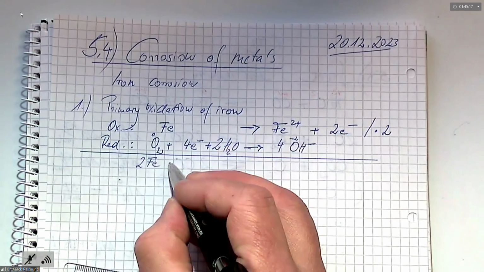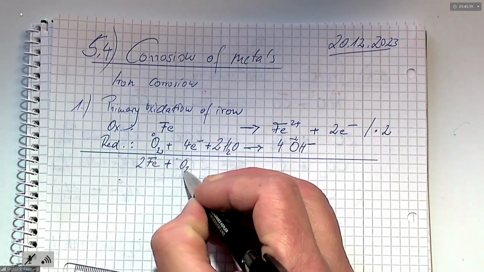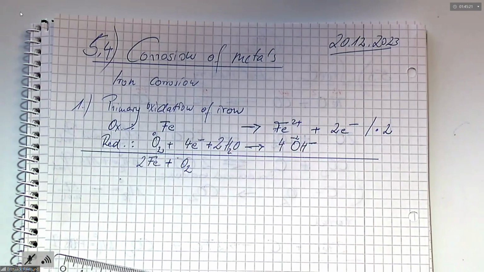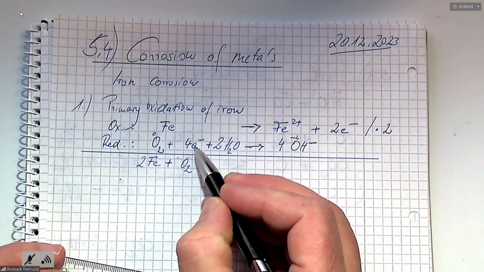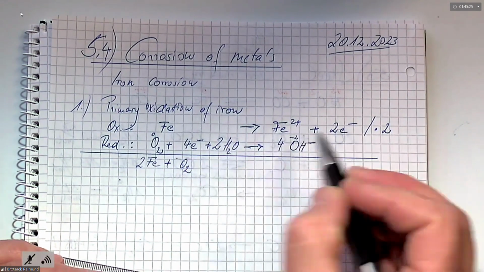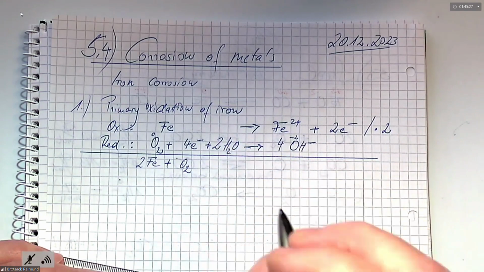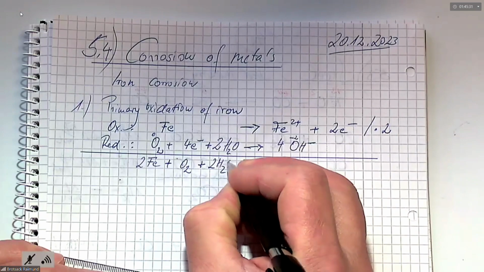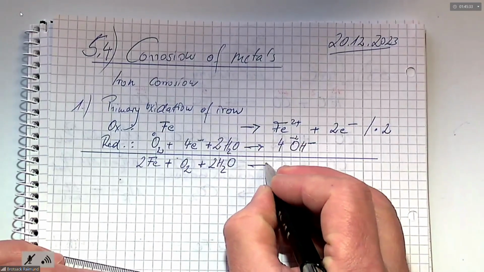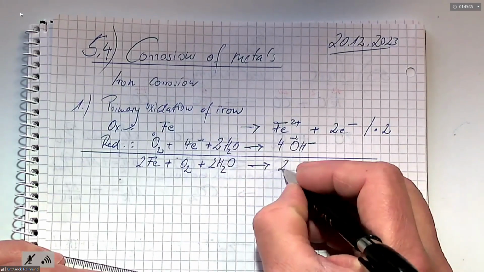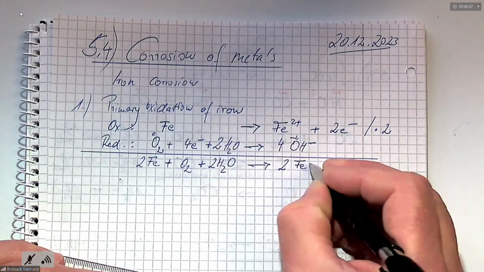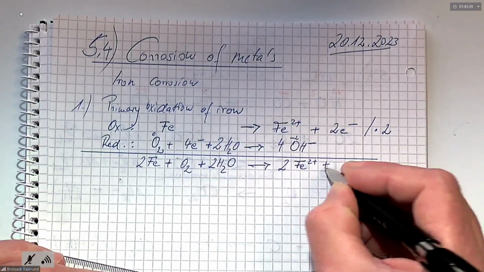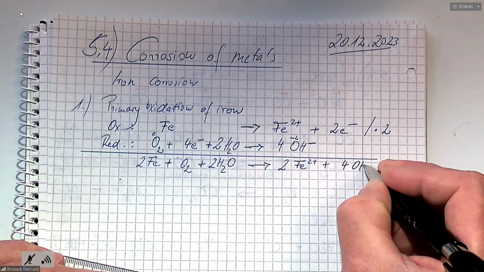And then we have 1 O2. The electrons are crossed out because we have 4 and 4 when we double that. But 2 water are remaining. And it leads to 2 iron 2+ plus 4 OH-.